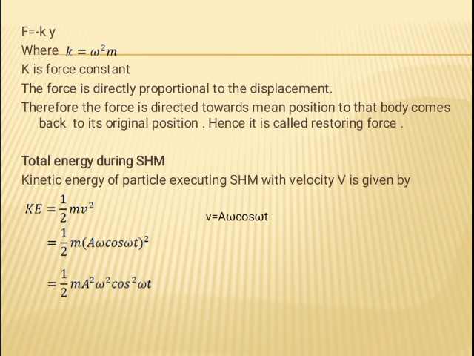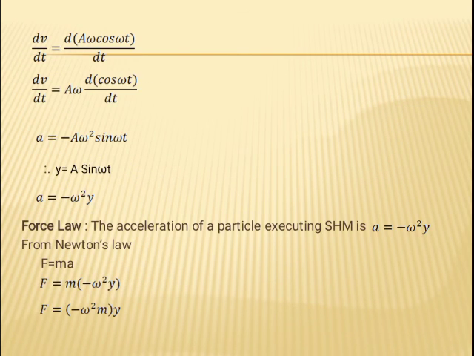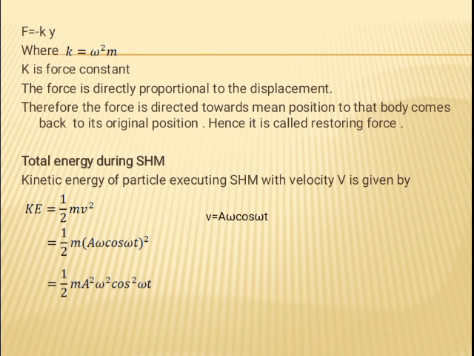Let me say I have a pendulum here. It starts moving. I told you its velocity at the extreme ends becomes minimum. When it comes back to its mean position, the middle point, its velocity is maximum. I had told you, right? So its velocity at the mean position is maximum.